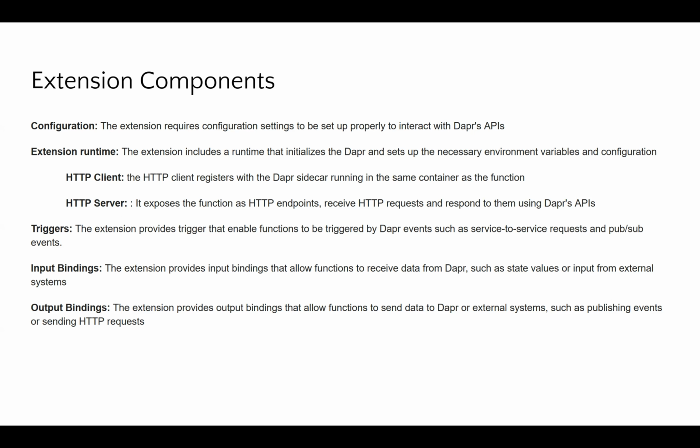In such cases, the triggers will be used. In case the app is pushing some data to a state store or calling any external API, those are invoked via the bindings. And the triggers here require the HTTP server, which I explained above. So when the function extension is enabled with the Dapr configuration and the port number we specified, the HTTP server will spin up on the port number that we specify in the configuration.